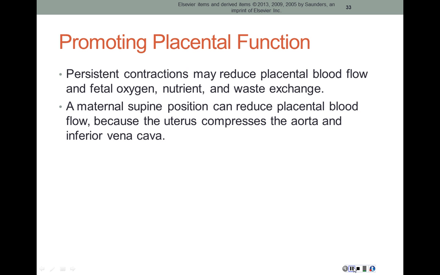So a maternal supine position can reduce placental blood flow because the uterus compresses on the aorta or the inferior vena cava. So sometimes if we have changes in baby's heart rate, a lot of times we can change mom's position, lay her on her side, put a pillow under her, so that we don't get that compression of the aorta and the inferior vena cava.